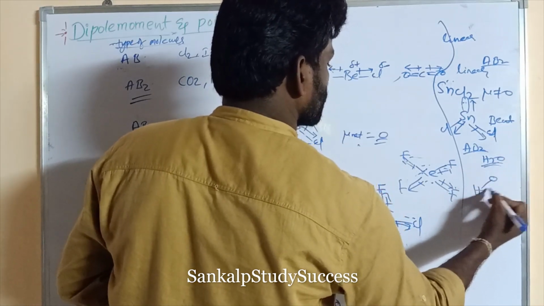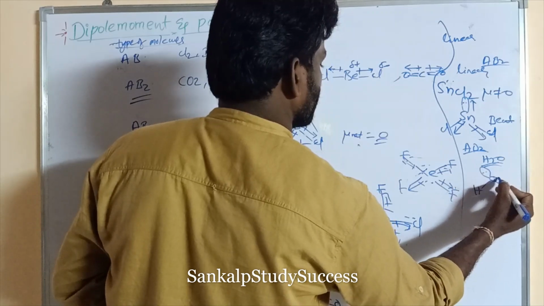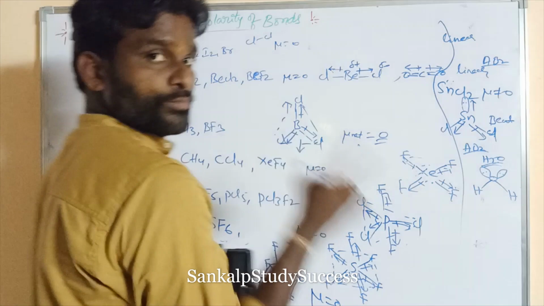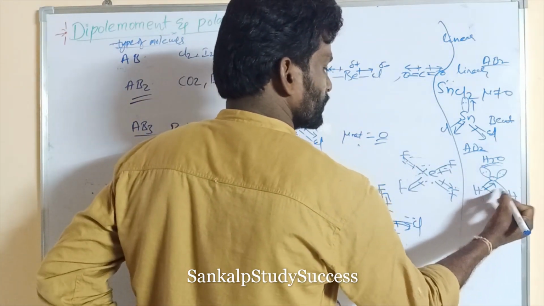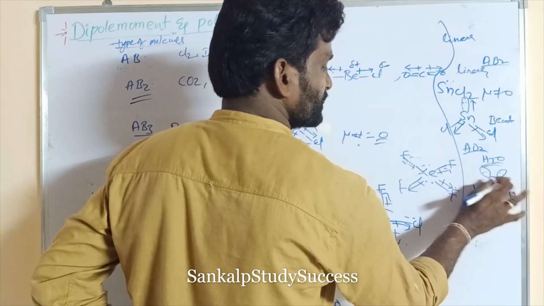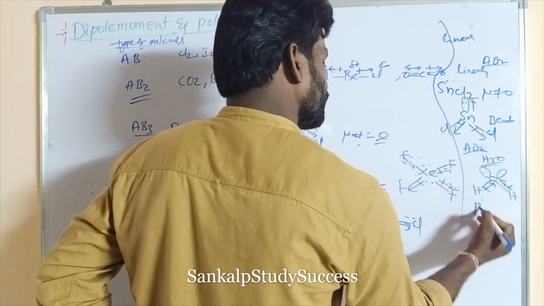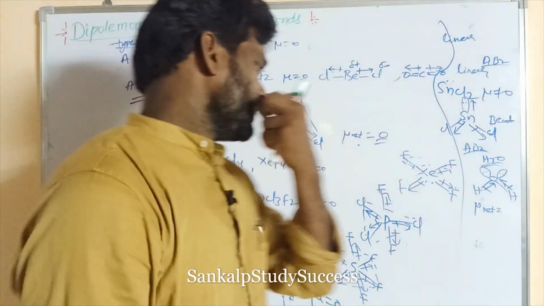So O, H, H, it has two lone pairs. Here the O–H bond is shifted towards the O side, that is the more electronegative atom. Similarly this also. So the net dipole moment is not 0.